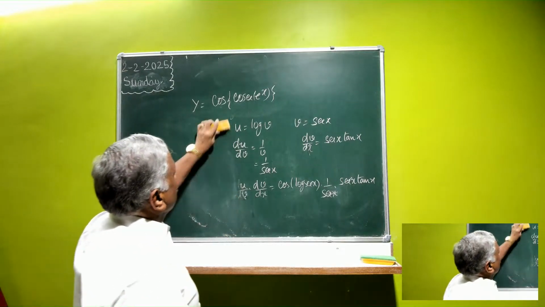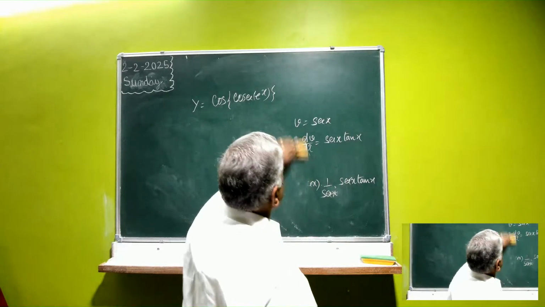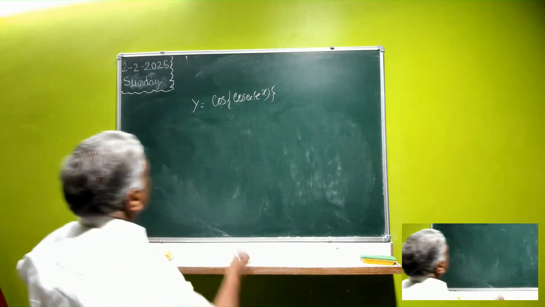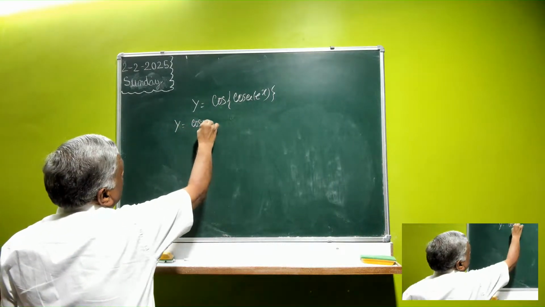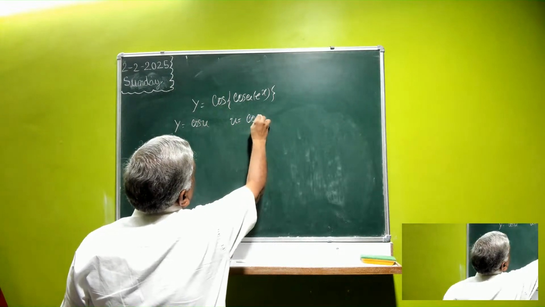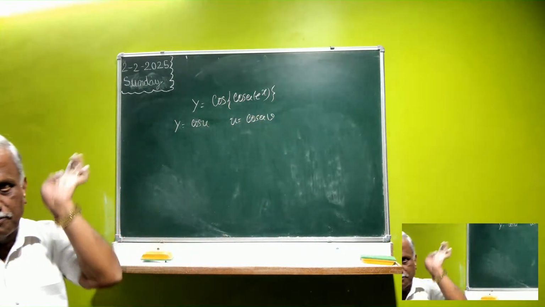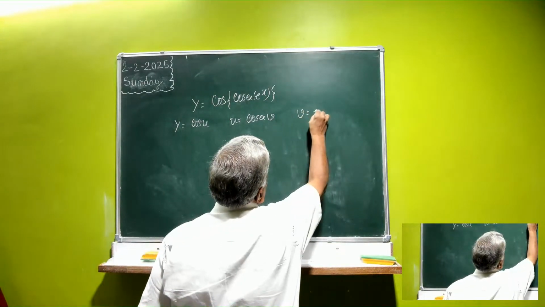Very clear, it's a problem of chain rule. With your experience of solving so many problems, you have an idea. So how do we break this? We write y is equal to cos u. u is equal to cosecant v. Why should I write cosecant v? Because if I write cosecant e power x, I will not be able to get the solution. Therefore, v is e power x.